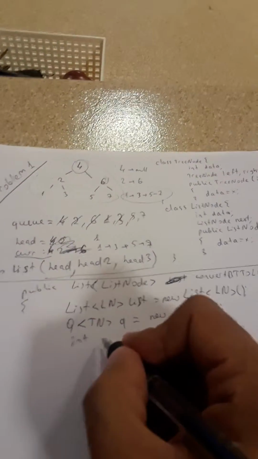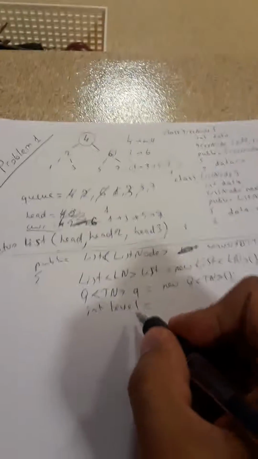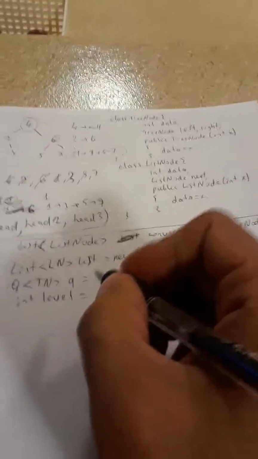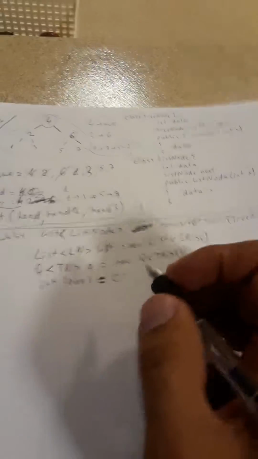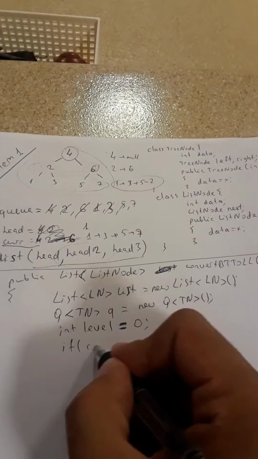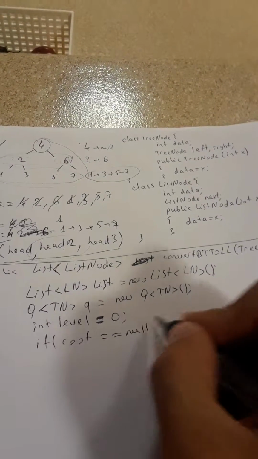Also, I will need a counter, just to see at which level of the binary tree we will be at, and after that we will be doing the initial check, like checking if our root is null.